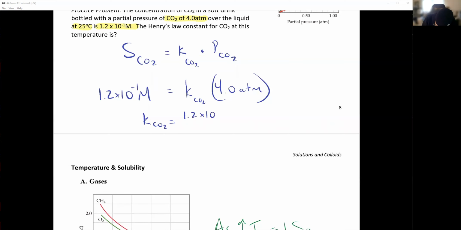I should just turn it into regular notation. So 0.12 molar per 4.0 atmospheres. And what you end up with is 0.030 molarity per atmosphere. So for every single atmosphere you apply, you're getting 0.03 molar more into solution. That's it. That's Henry's law constant.